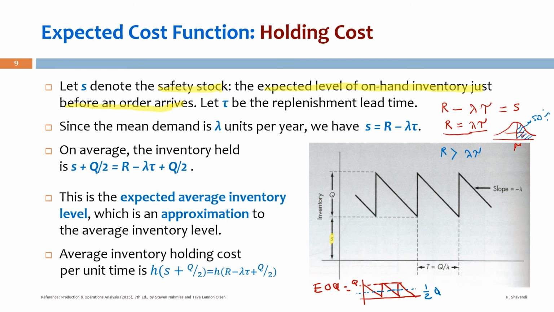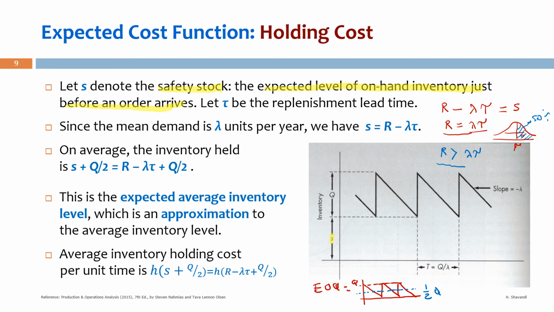But by how much depends on what level of safety stock we want to have, and it can be obtained by the probability. We may assume that we want to have enough inventory to satisfy, let's say, at least 95% of demands during the lead time.